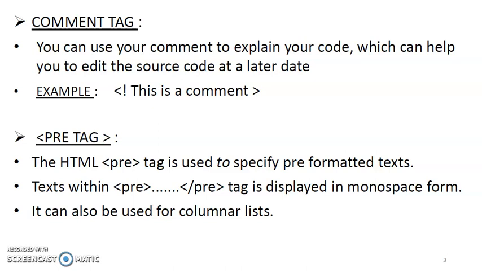So whenever I open that code, I can see that student's name only in the comment tag. But whenever I am running or executing that code, then this tag is not displayed. Okay, so whenever I write the comment tag, this tag is not visible in the web page.